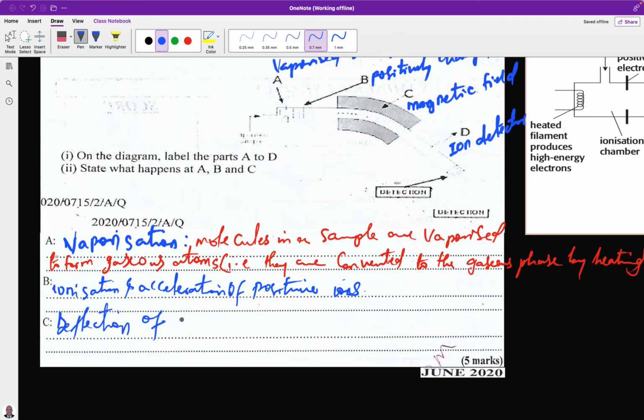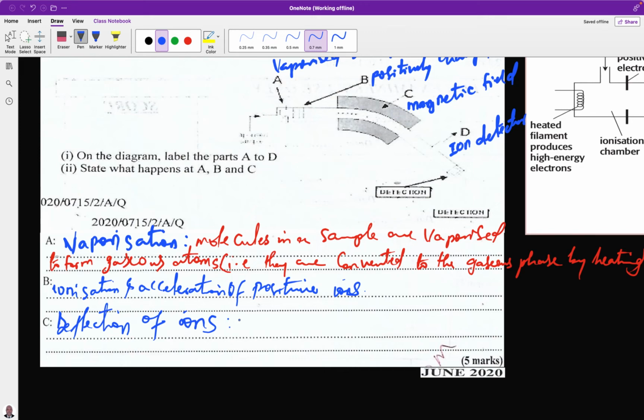After putting the point deflection of ions, you can now state that ions are deflected by the magnetic field, and ions with higher charge and a small mass are deflected most.